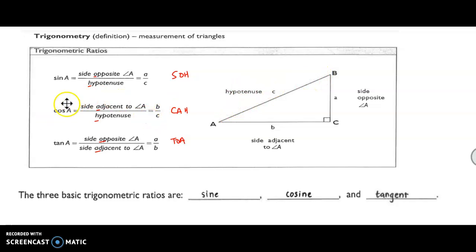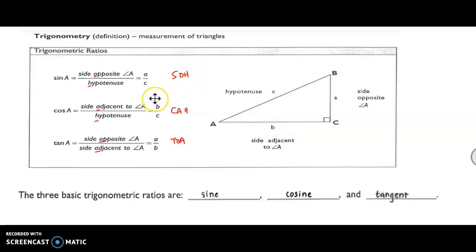The cosine trig ratio, cosine of A, is going to be the adjacent side. So adjacent means next to. So again, from angle A, the side next to A is this side B over the hypotenuse C here. All right. And tangent is opposite over adjacent. So the opposite side over the adjacent side.